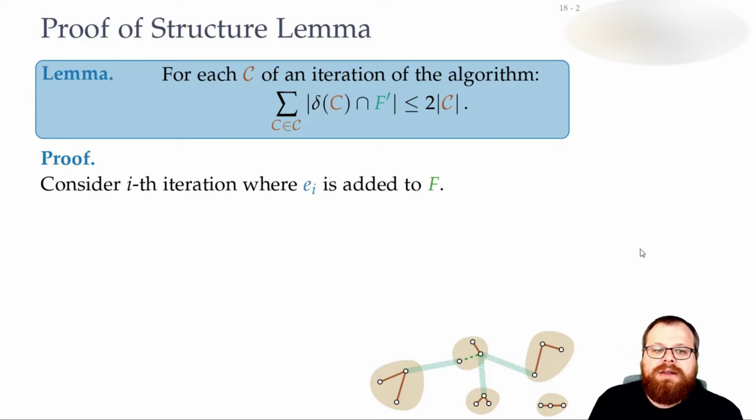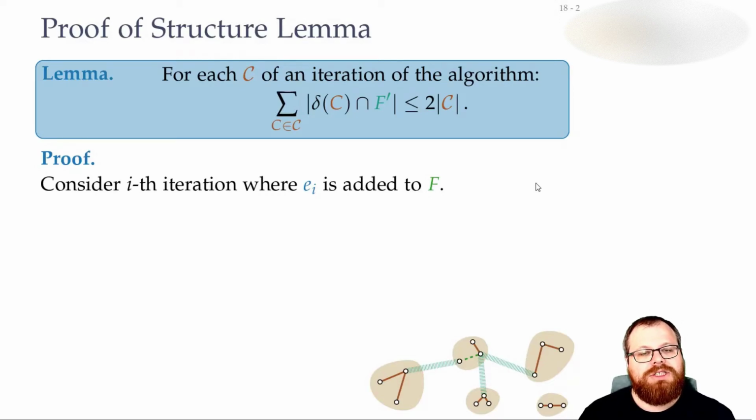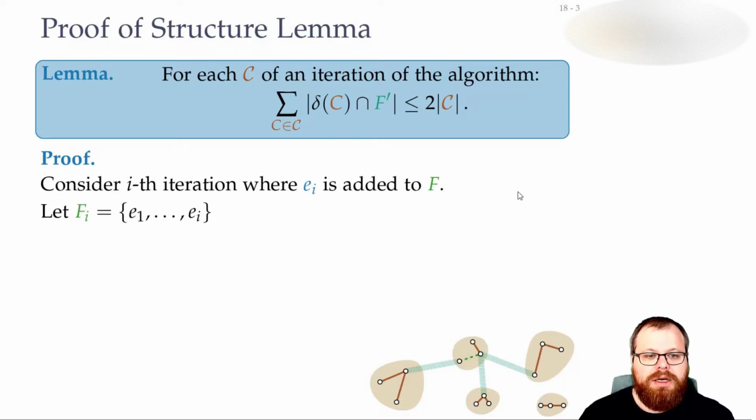We want to look at the ith iteration, where the edge e_i is added to our set F. I want to define 2 graphs. The first one contains only the edges that we've picked so far. That's the set F_i, the edges e_1 to e_i.